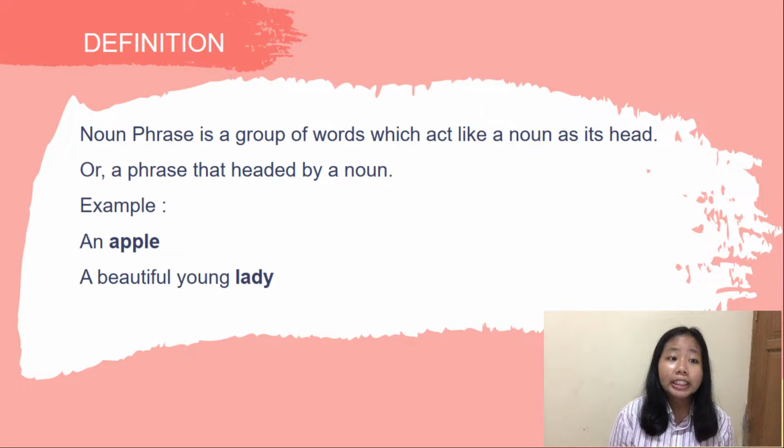Here, noun phrase is defined as a group of words which has a noun as its head, or simply we can understand that a noun phrase is a phrase headed by a noun. Examples of noun phrase here are an apple, a beautiful young lady, a handsome boy, a smart student, a dog, a cat, etc.